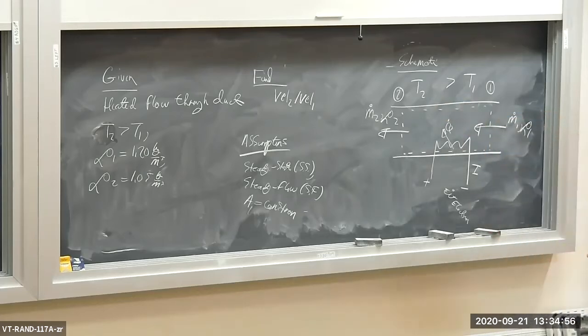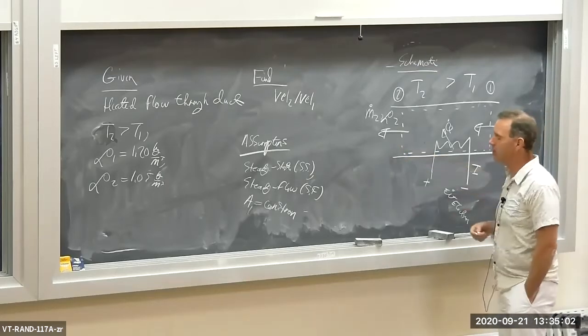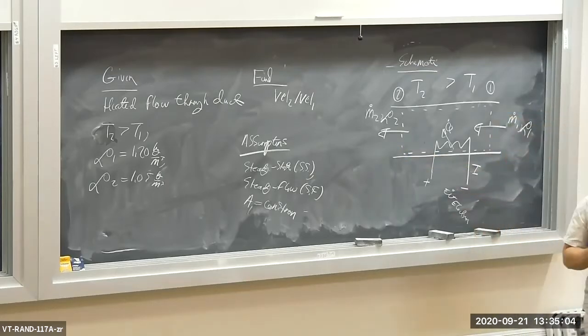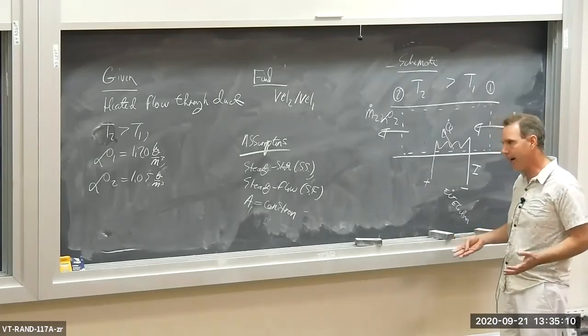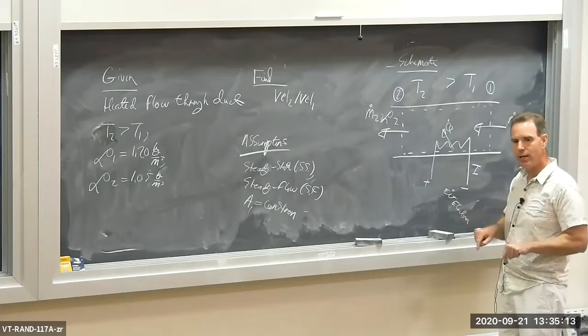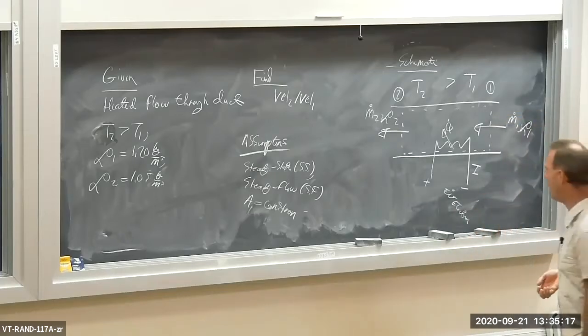Now, if we assume that this is a constant pressure situation, so the pressure at the inlet and the outlet is the same, then we can say that density goes down as we heat the air. As an ideal gas or a gas gets heated, density tends to go down. As a gas is cooled, density tends to go up.